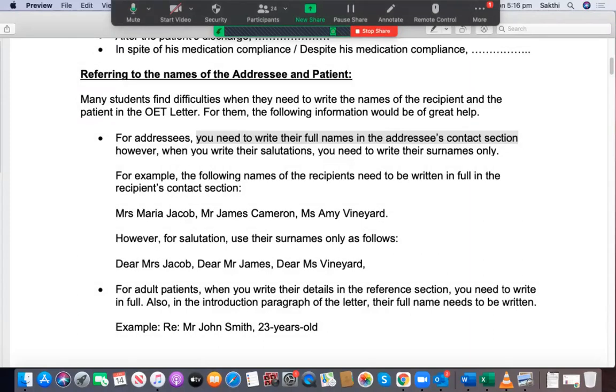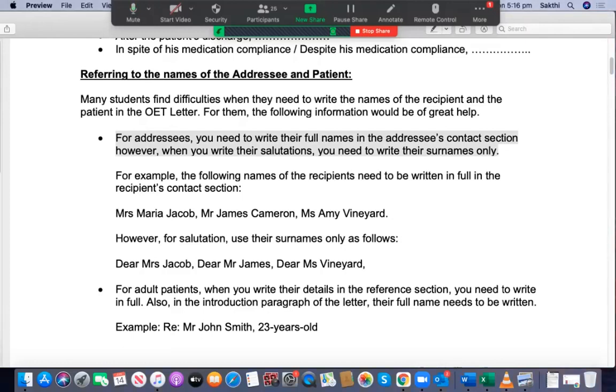But when you write the salutation, you have to use only the surname of the addressee, because the recipient of the letter is always going to be an adult.